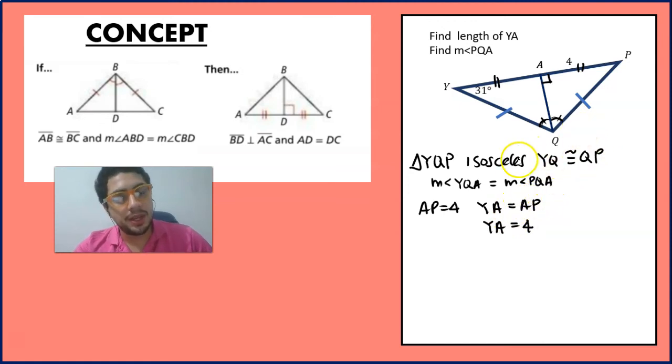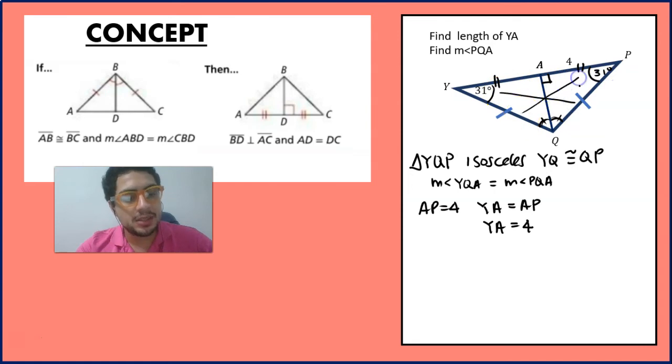The other thing we know is that if the measurement of AYQ is 31, we know that the measurement of APQ is also going to be 31 because we have an isosceles triangle. And we have to remember that whenever we have isosceles triangles, the angles opposite to the congruent sides are also congruent.